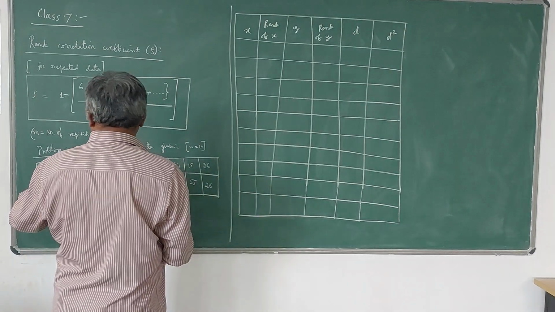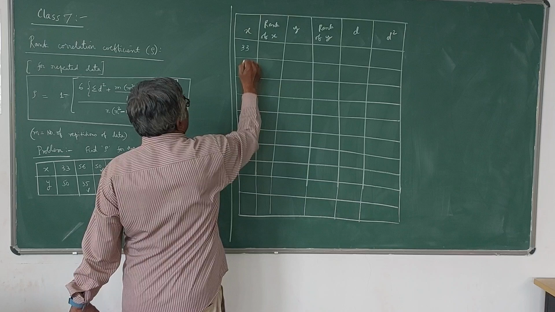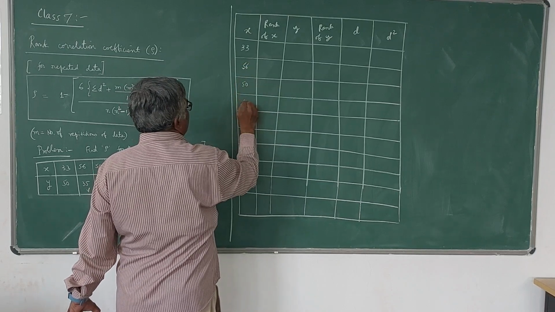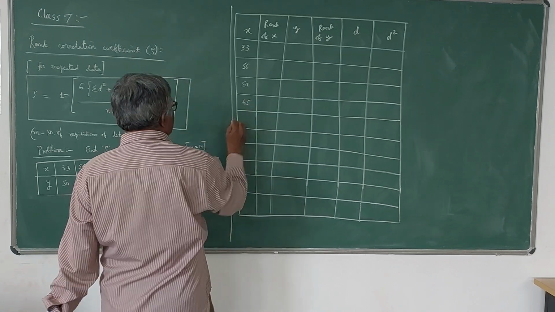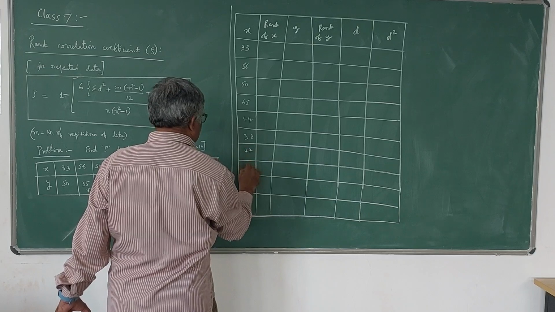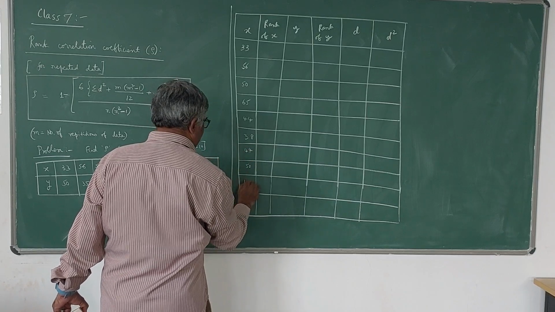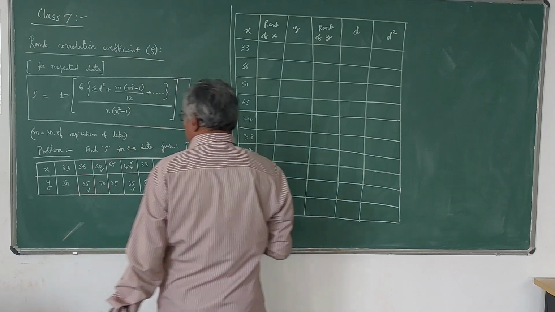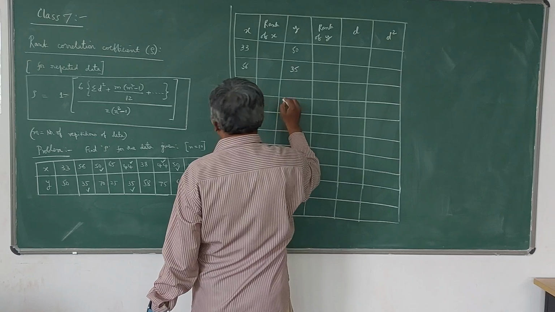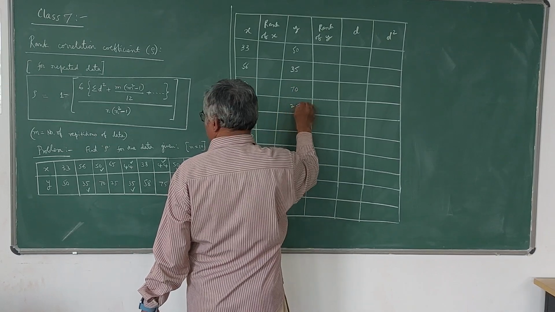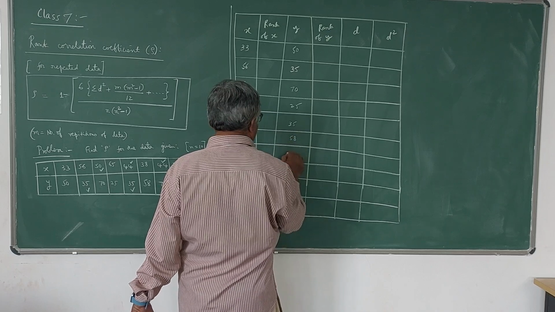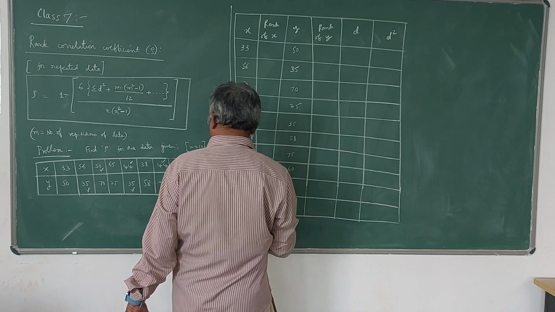The x values are 33, 56, 50, 65, 44, 38, 44, 50, 15, 26. The y values are 50, 35, 70, 25, 35, 58, 75, 60, 55, 26.